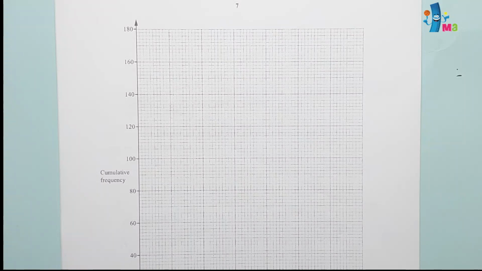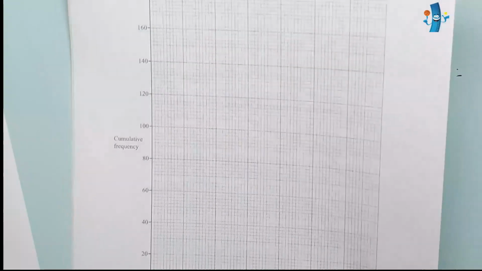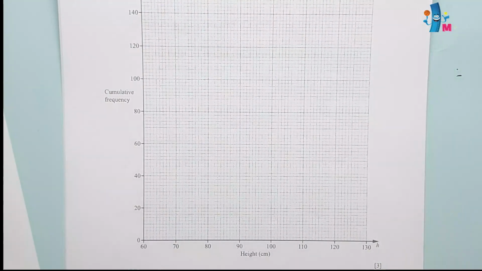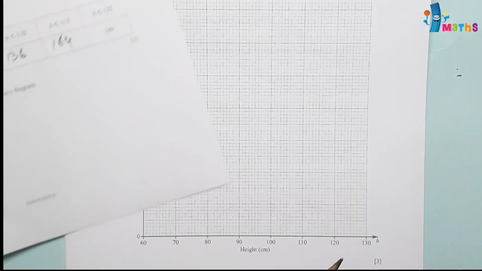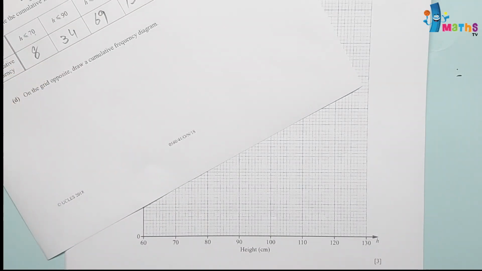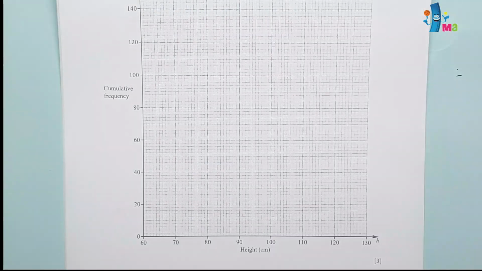So we will be taking these values which we have just found. On this graph we will be checking less than 70. Less than 70 is 8. I will fold the page and then I'll show you the table.